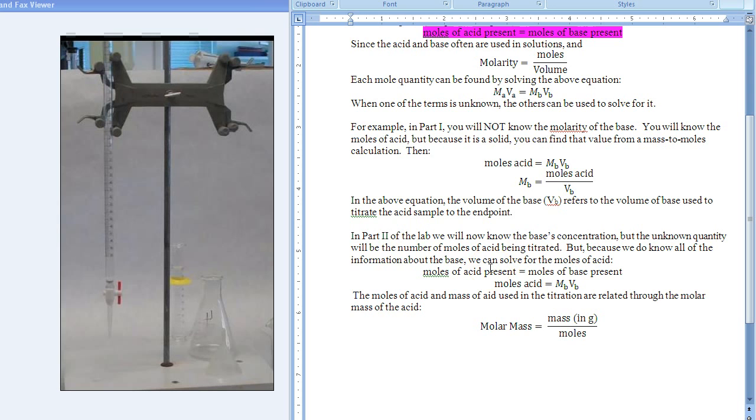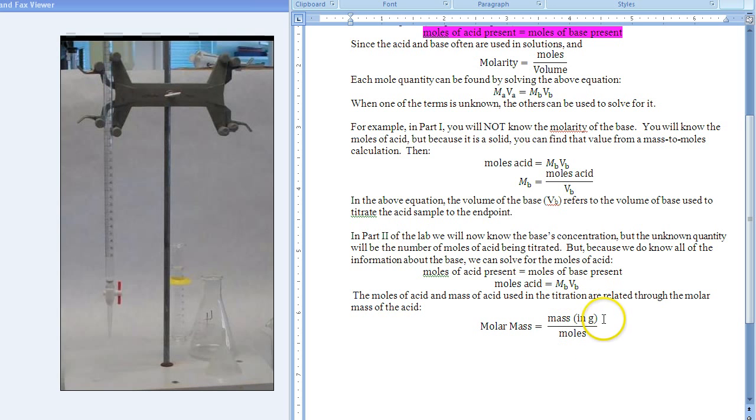So we've solved for how many moles of acid are present, and that's because, again, it's a 1-to-1 ratio in this reaction. Now then, the molar mass of our acid is related to 2 things: the mass of the acid and the moles of the acid. So molar mass is simply the ratio of mass of your sample to moles. You will have weighed the sample out literally before you began the titration, and then you have solved for the moles via the step up above here.